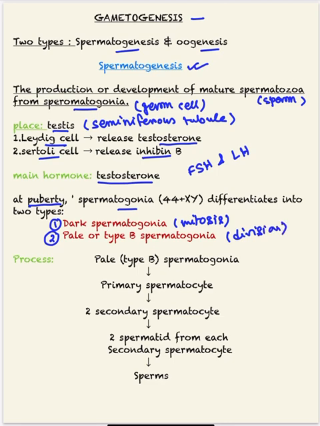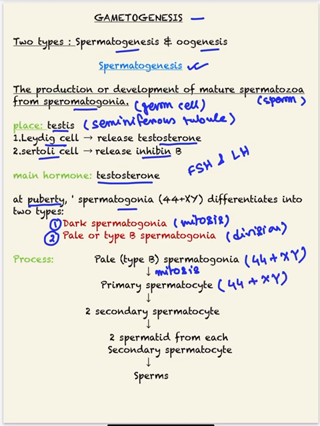What division? The pale or type B spermatogonia, that is 44 plus XY, undergo mitosis and form the primary spermatocyte, that is 44 plus XY.